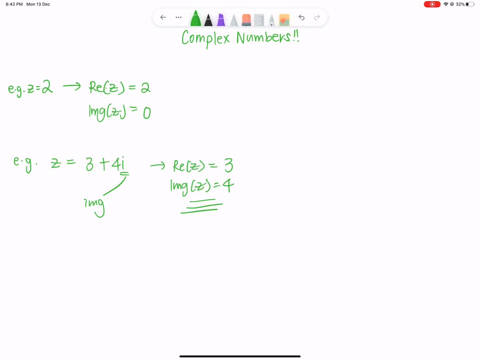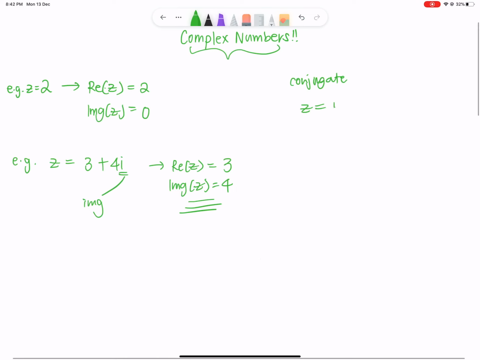Okay, the next really important thing when it comes to complex numbers is what is the conjugate of a complex number. If we say z equals 5i plus 4, the conjugate is the expression very similar to that one, but where the sign between the real portion and the imaginary portion is flipped.